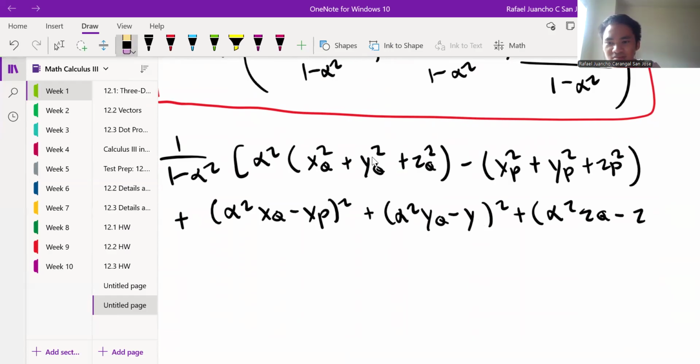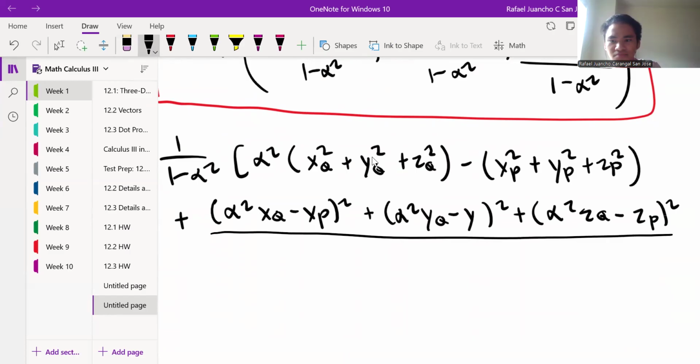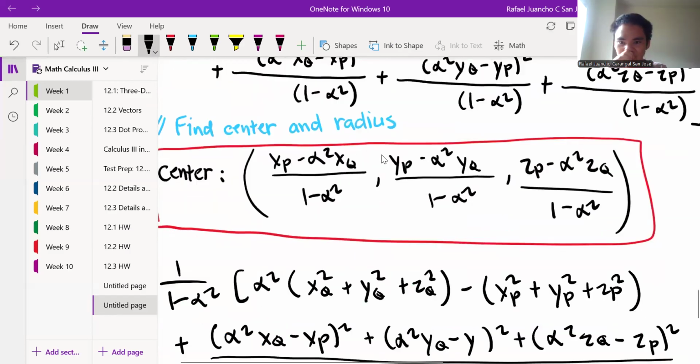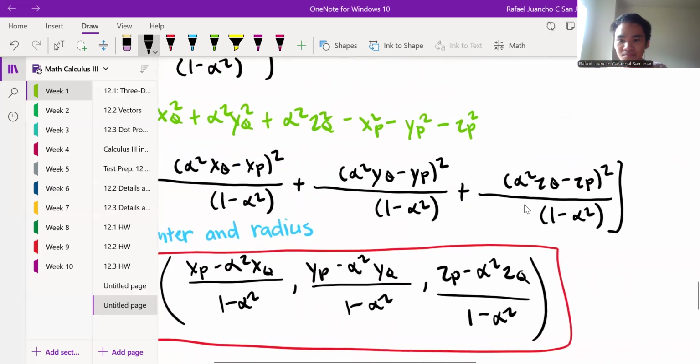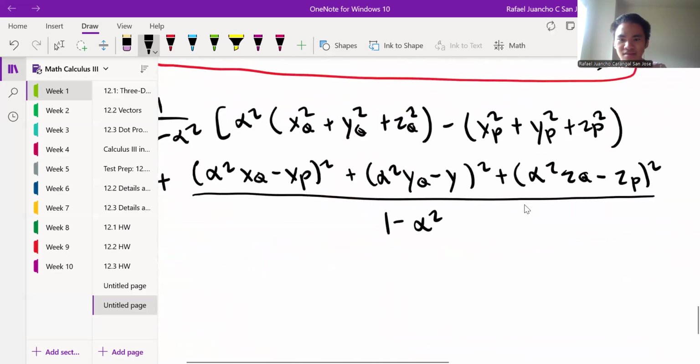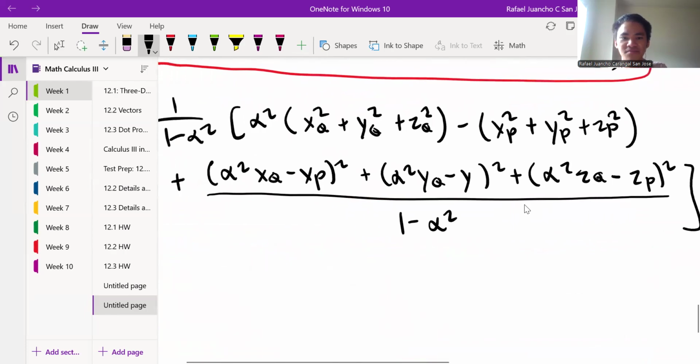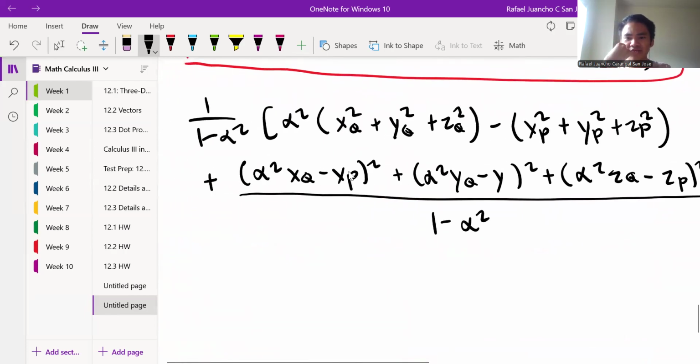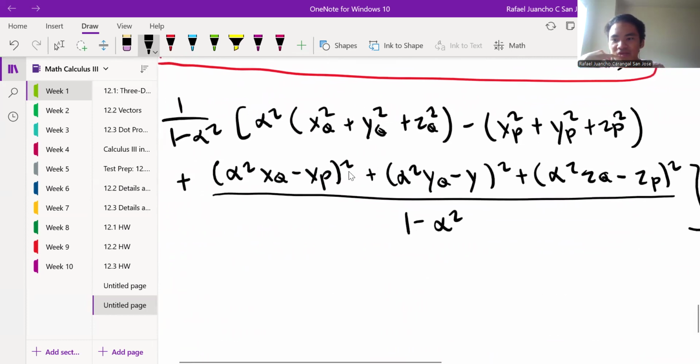This is p. And then that's everything that's just divided by 1 minus alpha squared. And so that's the whole formula there. Can we make it cleaner? No, we can't.